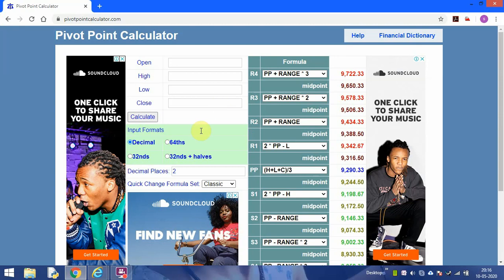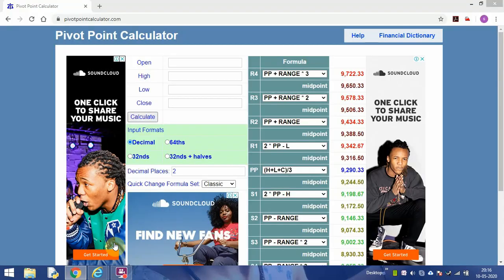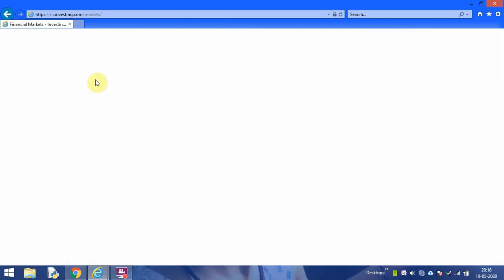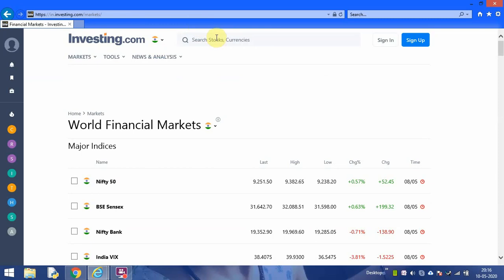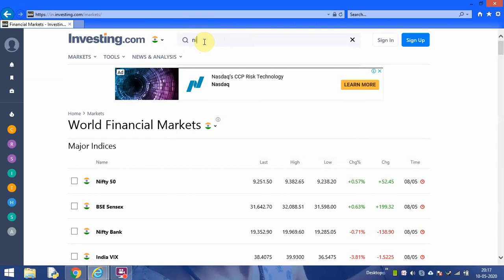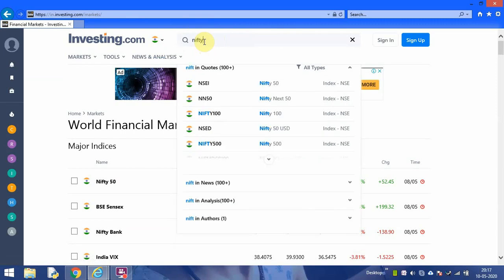You have to insert the value here. Go to Investing, financial market, take Nifty 50.